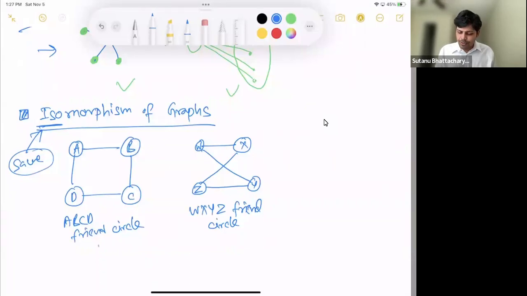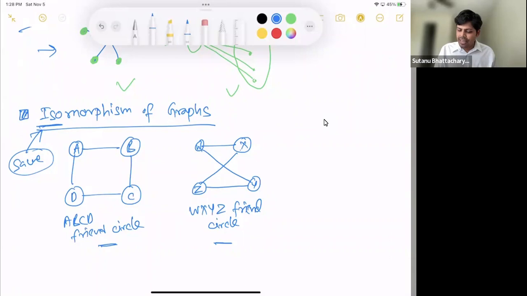So here in these two graphs, if you omit the vertex names A, B, C, D, W, X, Y, Z, just exclude the people's names here, then you will see that both graphs are actually the same graph. It looks different, but they are actually the same graph. Like here, W, X, Y, Z, there are 4 vertices.